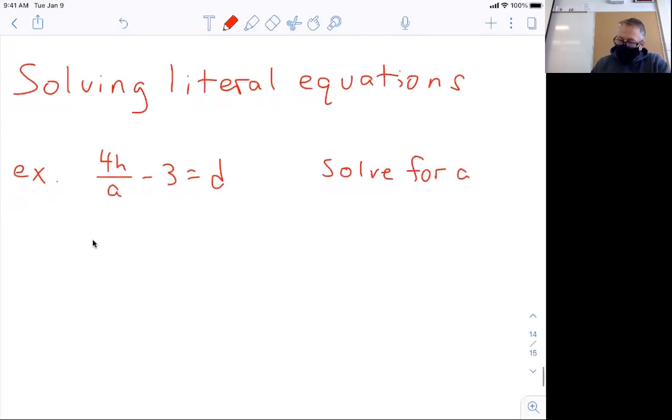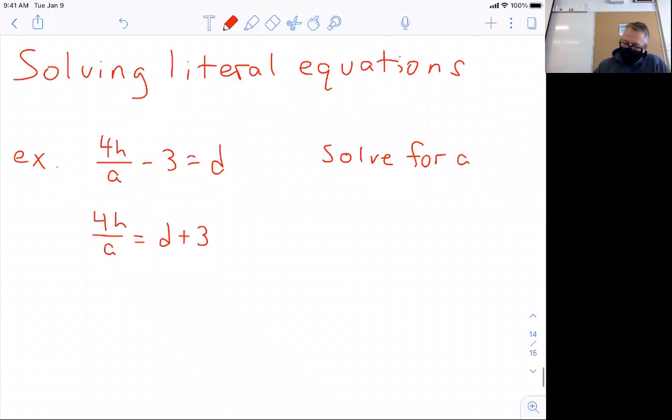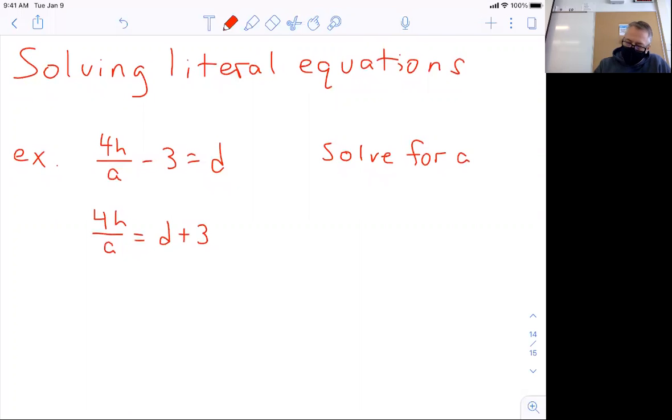First thing I'm going to do is try and get this alone by moving the 3 over. So I'll add 3 to both sides. So we got 4h over a is equal to d plus 3. Now having a in the denominator, that's a bit of a problem. I've got to get it up into the numerator. So how we do that is we multiply both sides by a. On the left side, the a's cancel.